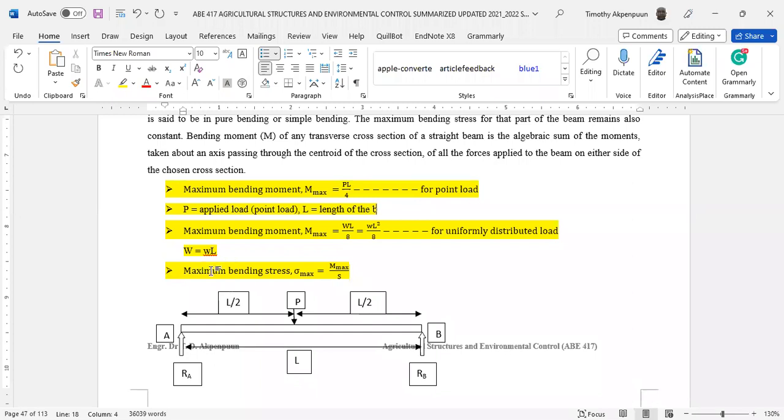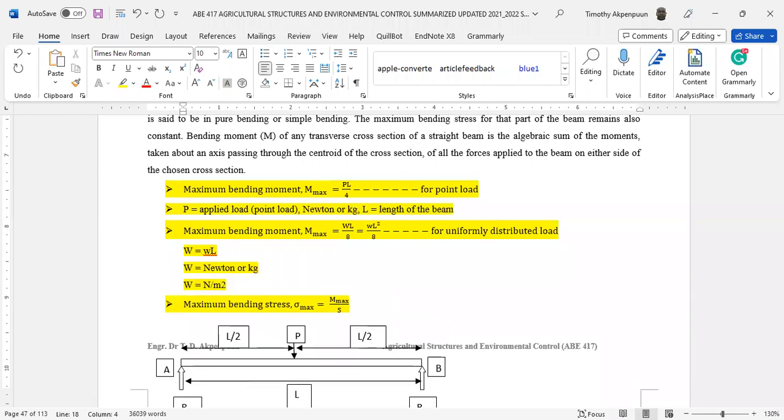Here, capital W is Newton or kilogram. Then small w is Newton per meter squared, or Newton per meter, or kilogram per meter, or kilogram per meter squared.